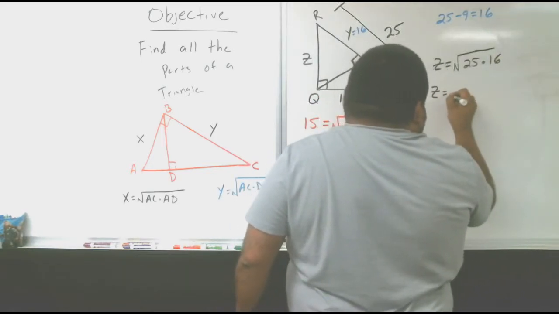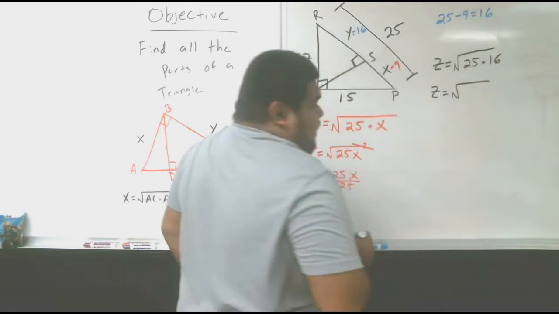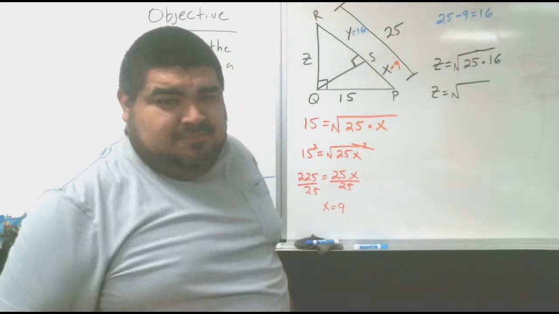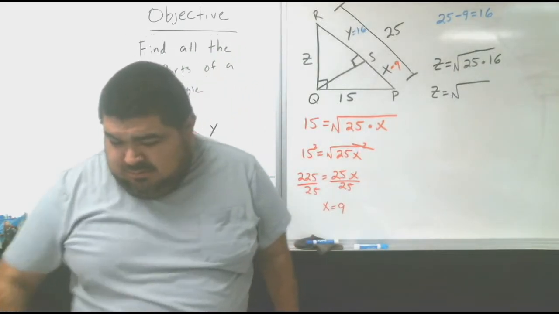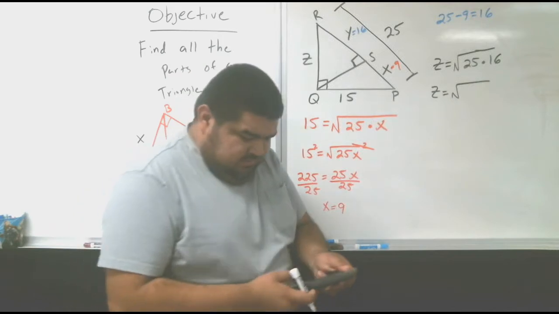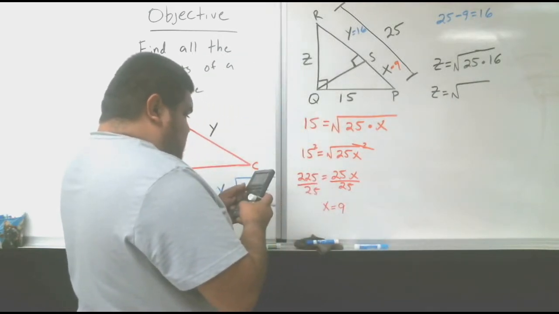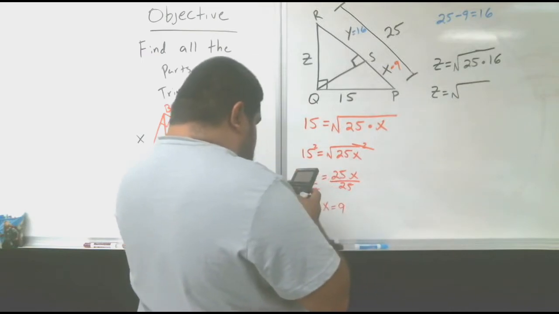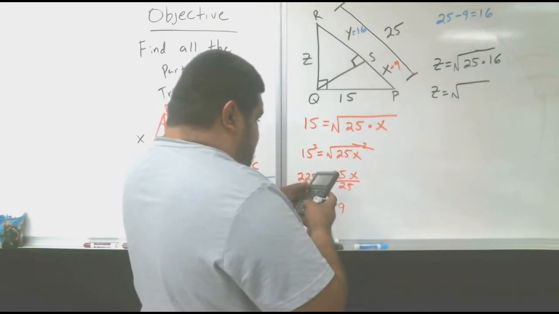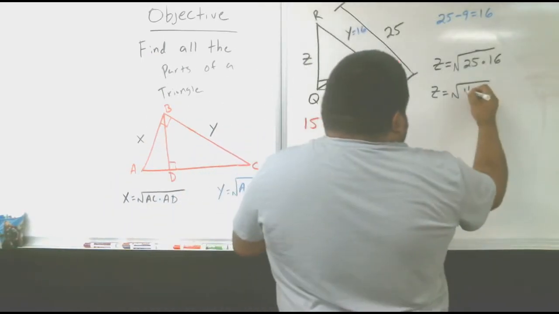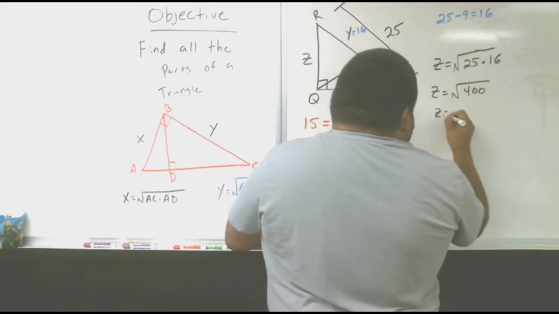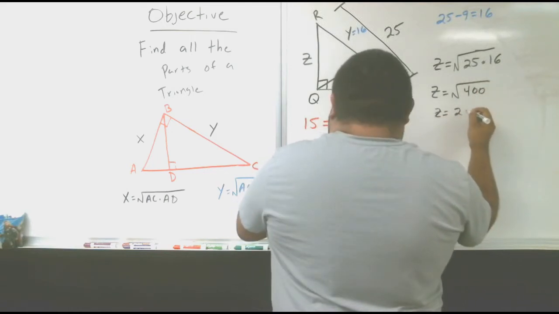So Z equals the radical of 25 times 16. Let's see here in the calculator, what do we get? 25 times 16, 400. Radical of 400. So we get 400, and then Z equals 20.